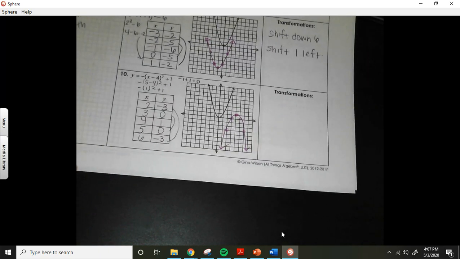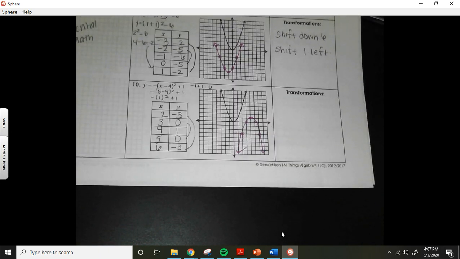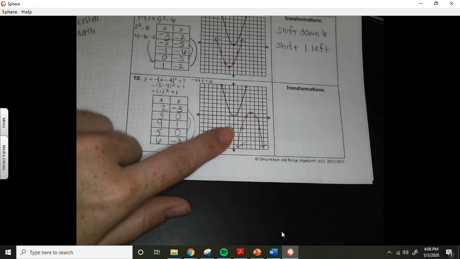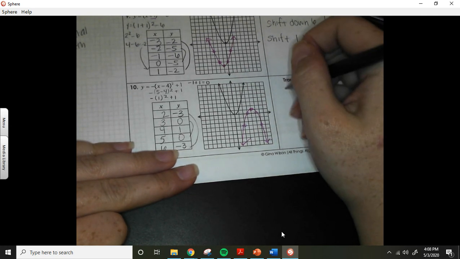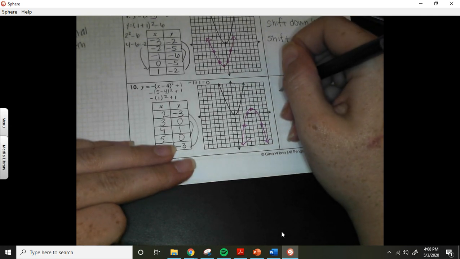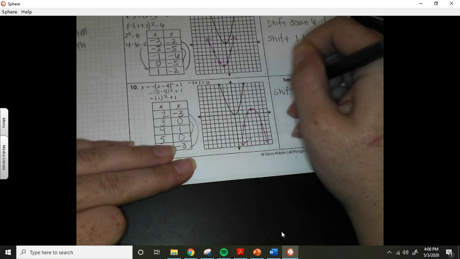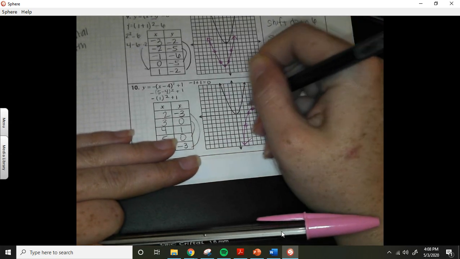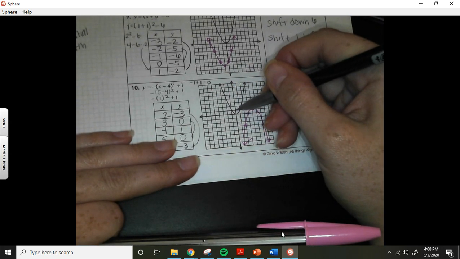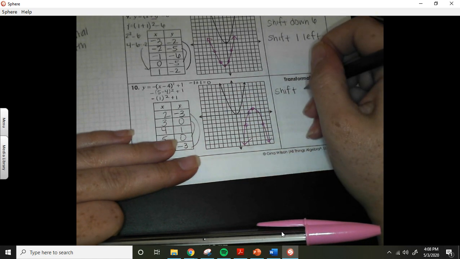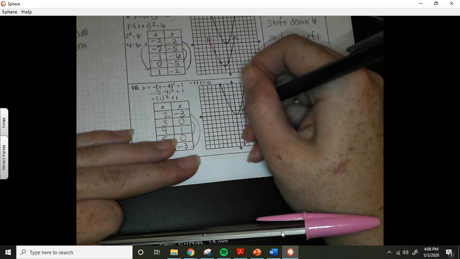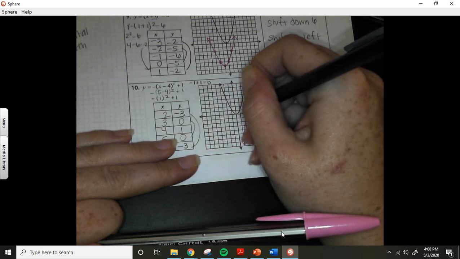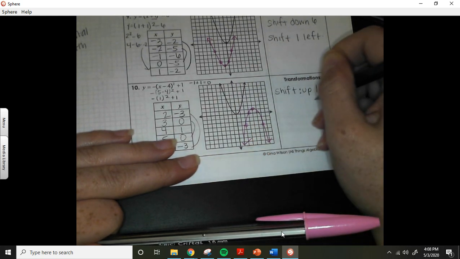Okay, what happened to this one? So all of the other ones have been opening in the same direction, but this one now is not. So this is called a reflection. So first it moved, let's do the shifts first. It shifted, the vertex went up 1. It shifted to the right, how many? 1, 2, 3, 4.